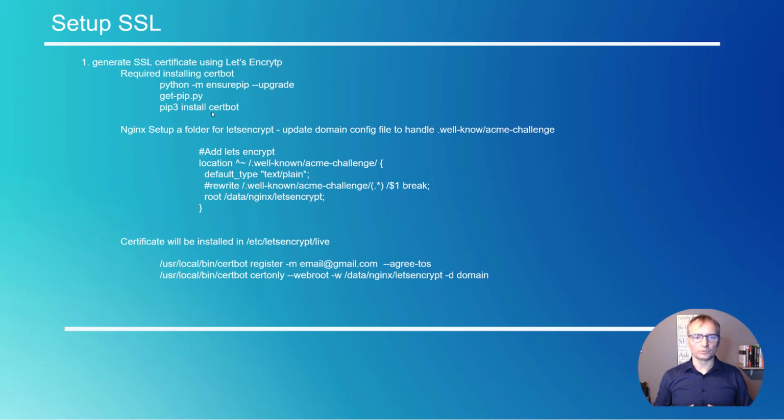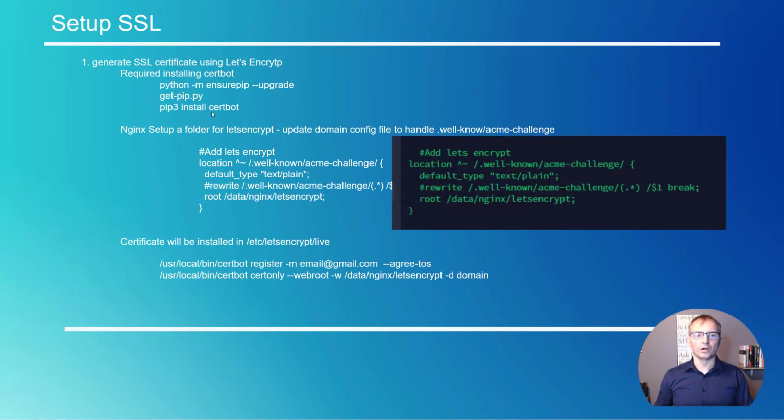Then I want to update the Nginx configuration to ensure I have one location where the certbot requests will go. Okay, in the future I'm going to create multiple different domains, but I don't want to manage every domain. I want certbot to come only to one place to get validation.